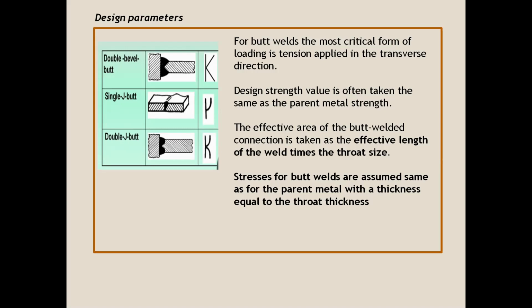Butt welds: the most critical form of loading is tension applied in the transverse direction, and the design strength value is often taken the same as the parent metal strength. The effective area of butt welded connections is taken as the effective length of the weld times the throat size.